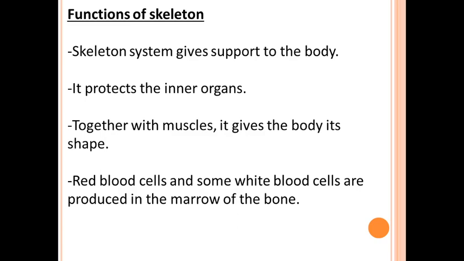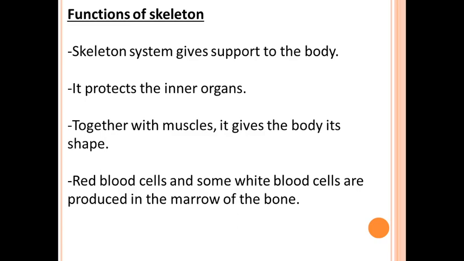See, the first one is that the skeleton system gives support to the body. Your body has a number of soft organs and muscles. It is necessary to have a hard framework to support these parts. Otherwise, the body will collapse. Your heart, lungs and digestive system are inside your body, but because of this skeleton, the system is there.